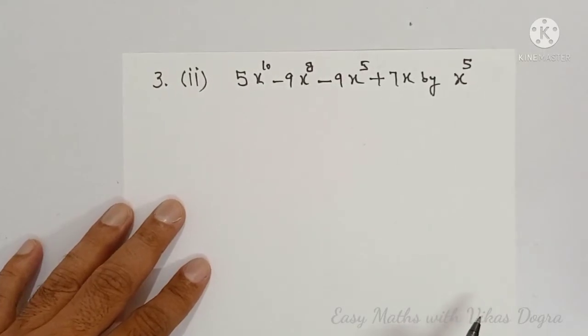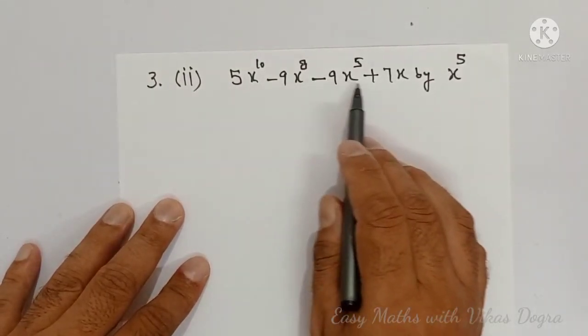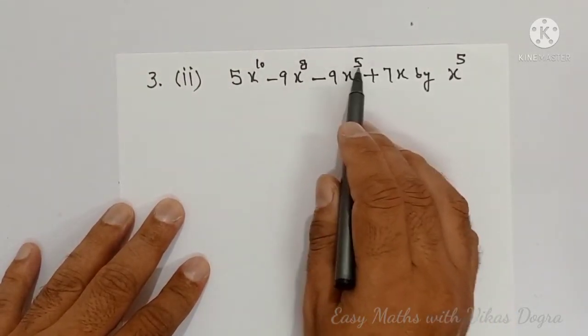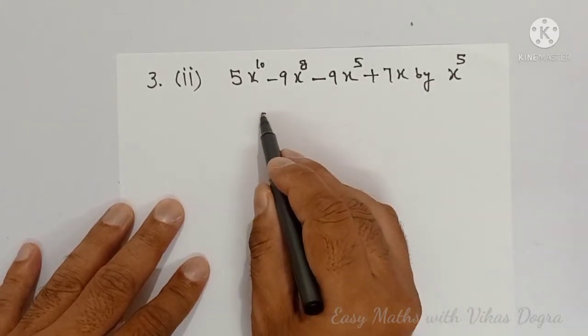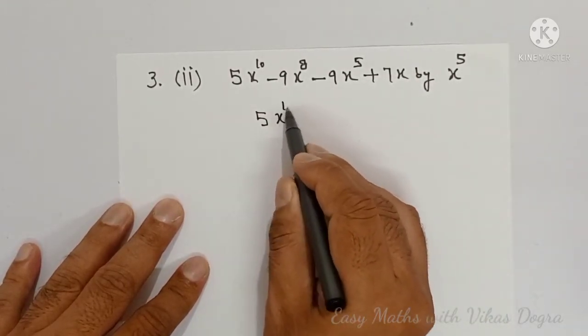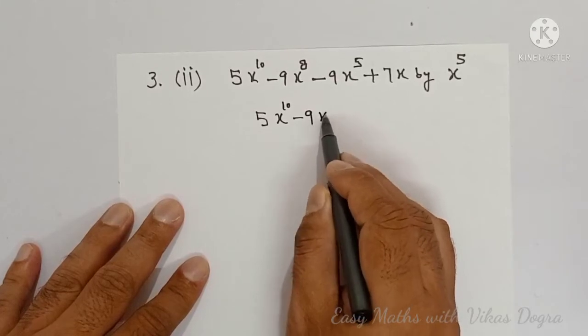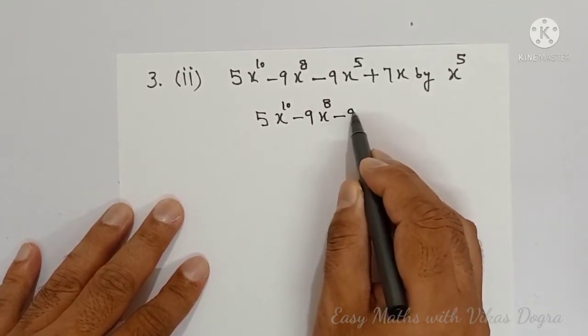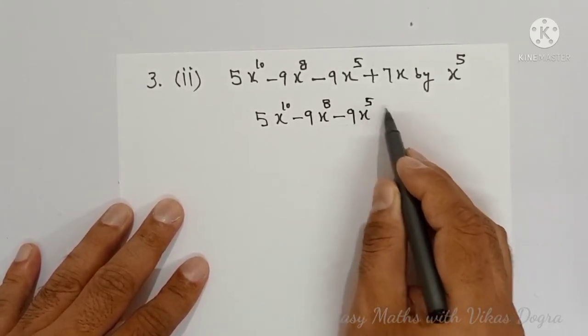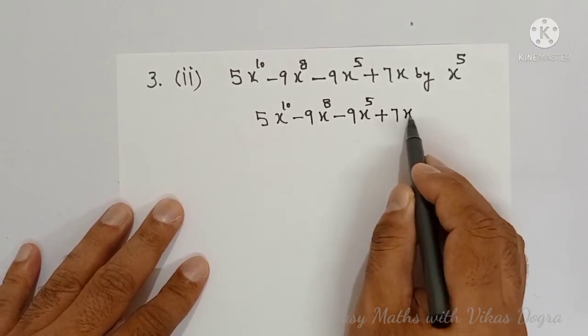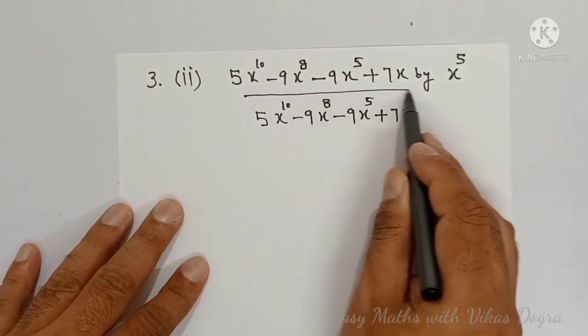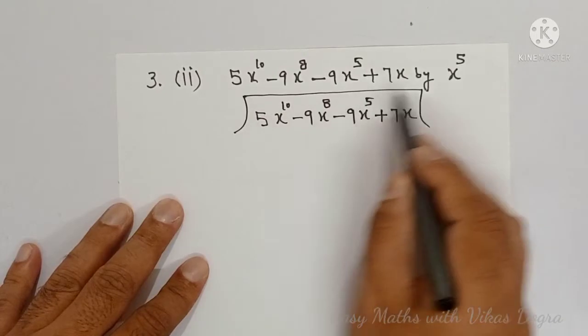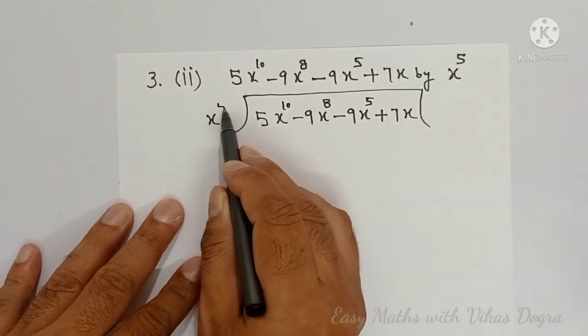First you need that the dividend is in standard form: power 10, power 8, power 5 and power 1. Yes, it is in standard form. So directly we will start dividing. So this I have written, and it will become dividend to be divided by x power 5.